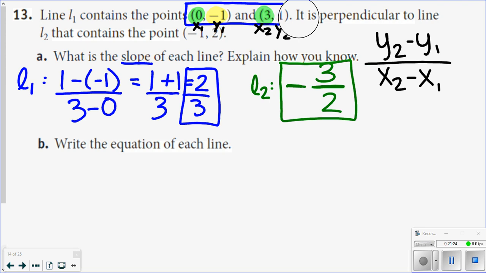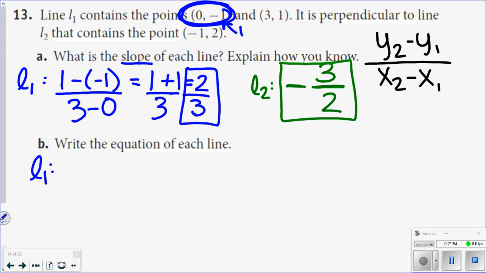Now, let's write an equation of each line. So we're tying everything together that we've learned from activity 9 and activity 12. So for line 1, I know my slope, or my m, is 2/3, and this right here is my b value.